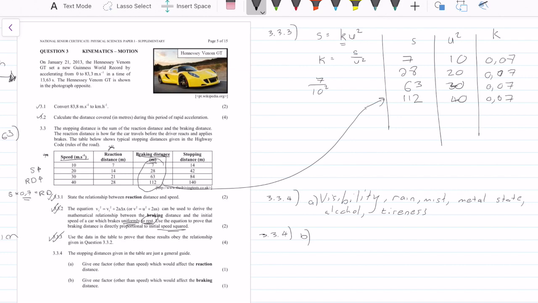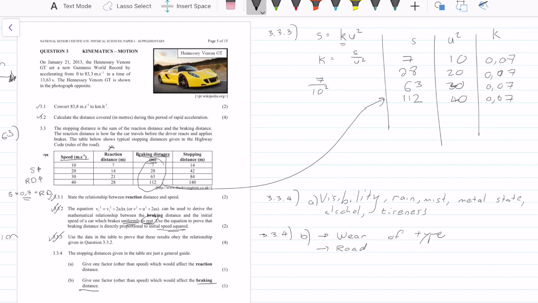Give one other factor other than speed that would affect the braking distance. So what would affect the braking distance? I would say things like the wear of the tire can have an effect. Another thing could be the road conditions.